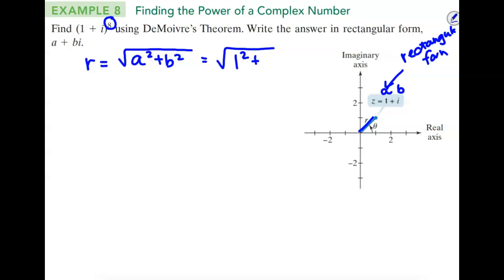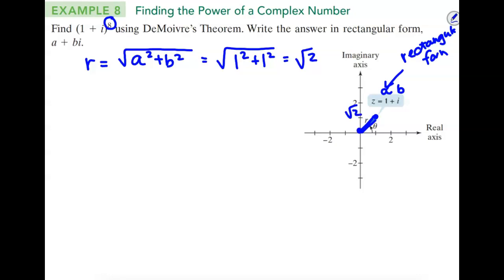And the b value is the distance on the imaginary axis, which is also 1. Then we simplify: 1 times 1 plus 1 times 1 is the square root of 2. So this distance from the origin to your complex number is the square root of 2.